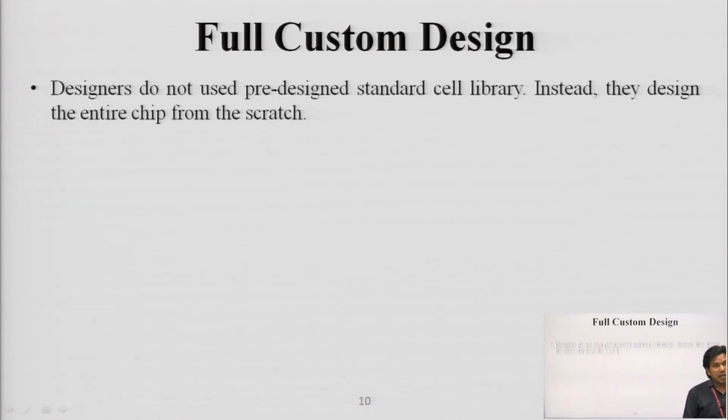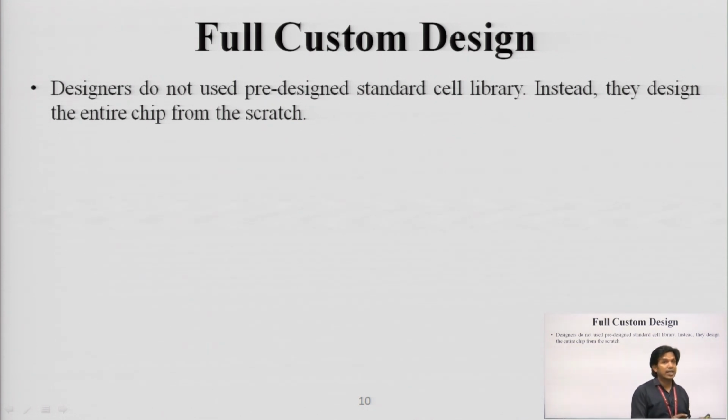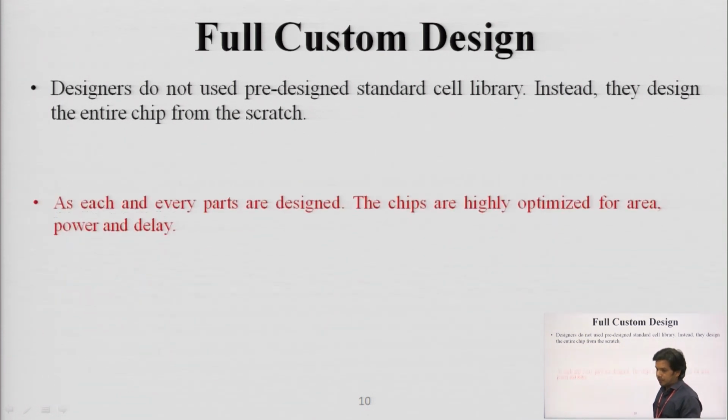Now, next is full custom design. In full custom design, you have the flexibility to design each and every component starting from scratch. The designer does not use a pre-designed standard cell library. Whatever components we already have in the library, we are not using in full custom design, if you want to optimize the performance or the speed of your particular components, device or cells. So, the entire chip has to be designed from scratch. Clear?